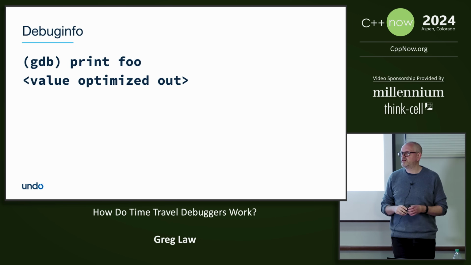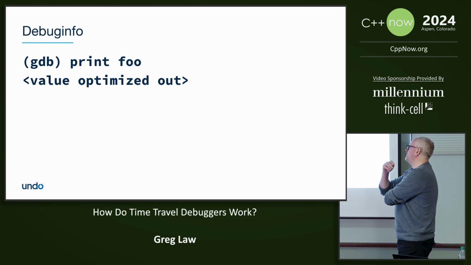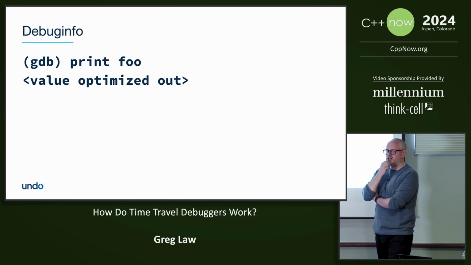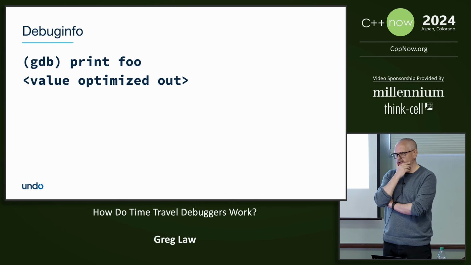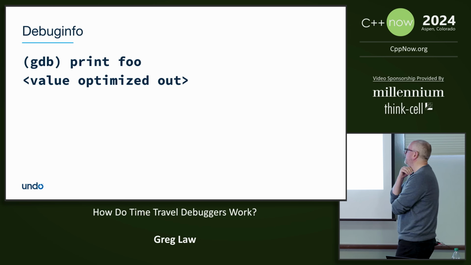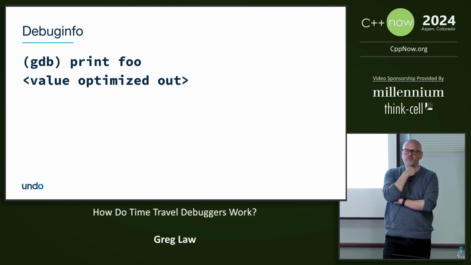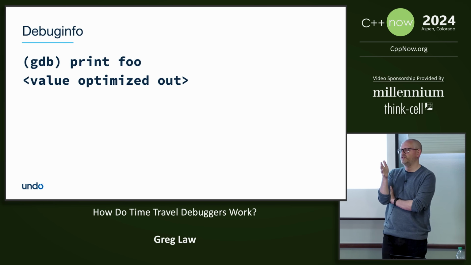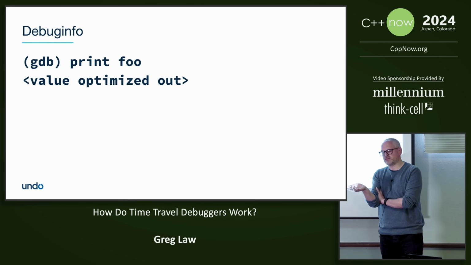Are there specific compilers that are notoriously good or bad in this? There's some nice research, a paper by Stephen Kell and Ryan, I've forgotten his surname, from King's College London. They did quite an extensive study of the debug info generated by the different compilers at the different optimization levels.